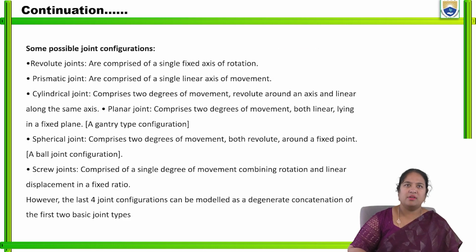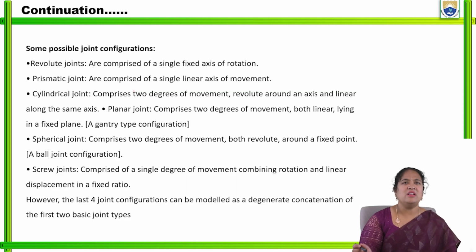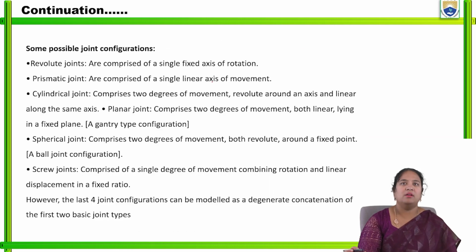Okay. As I've told you, the revolute joint comprises a single fixed axis of rotation. That is, it consists of only a single fixed axis and has only rotational motion. Whereas the prismatic joint consists of a single linear axis of movement.